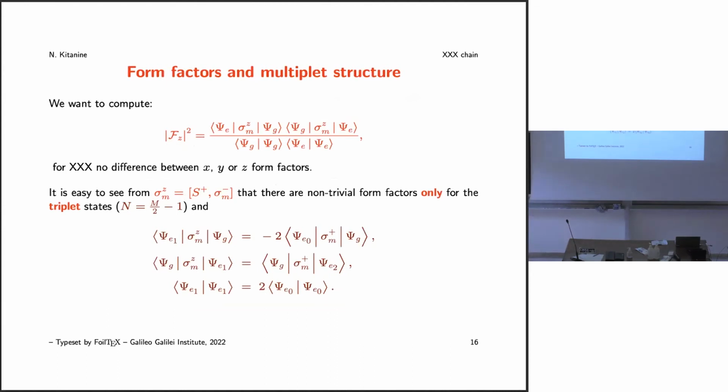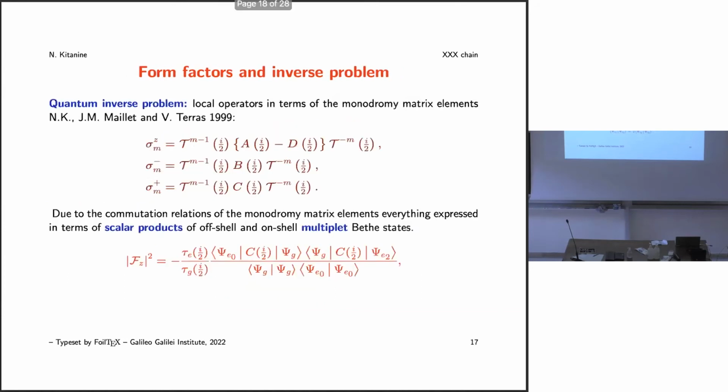So first of all, we know in terms of the infinite data how to write these scalar products. It was done in our 99 paper. It can be written because of the solution of the quantum inverse problem. It means expression of the local operators in terms of the generators of the transfer monodromy matrix, elements of the monodromy matrix.